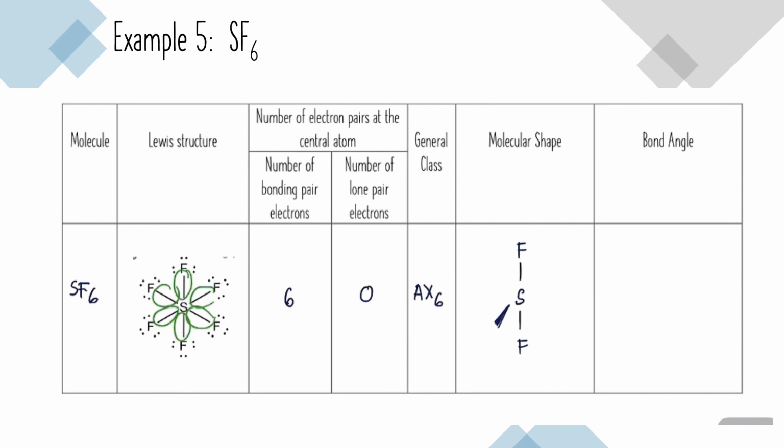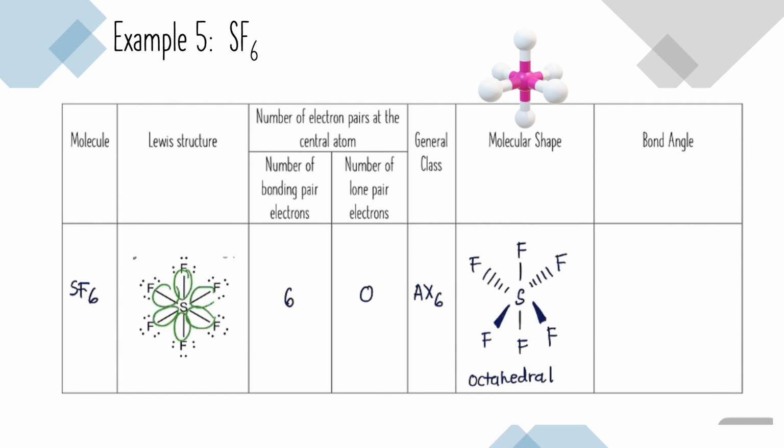One is pointing forward on the left side. One is pointing forward as well at the right side. One is pointing backward. And another one pointing backward as well on the left side. So this is what we call an octahedral shape.